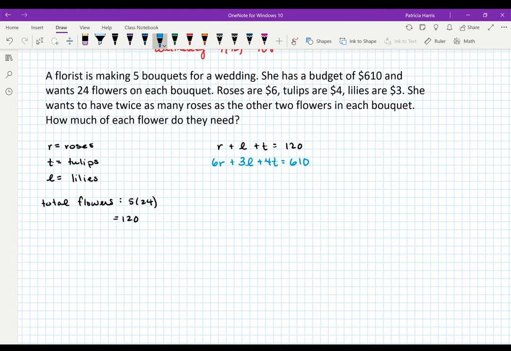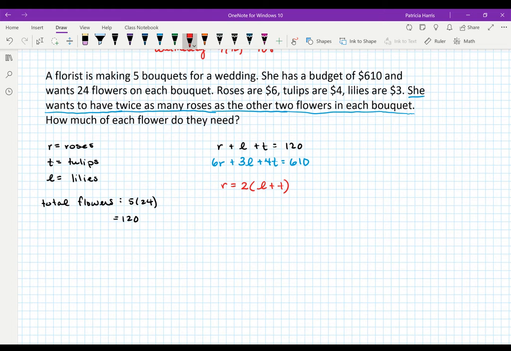So our third equation is just going to come from this sentence right here: she wants to have twice as many roses as the other flowers. So the number of roses is going to be 2 times the number of lilies plus the number of tulips.